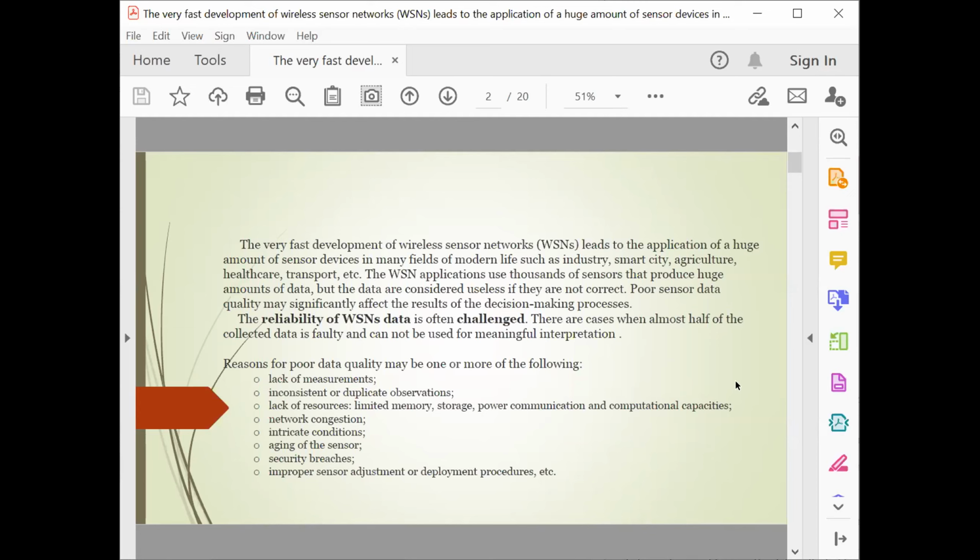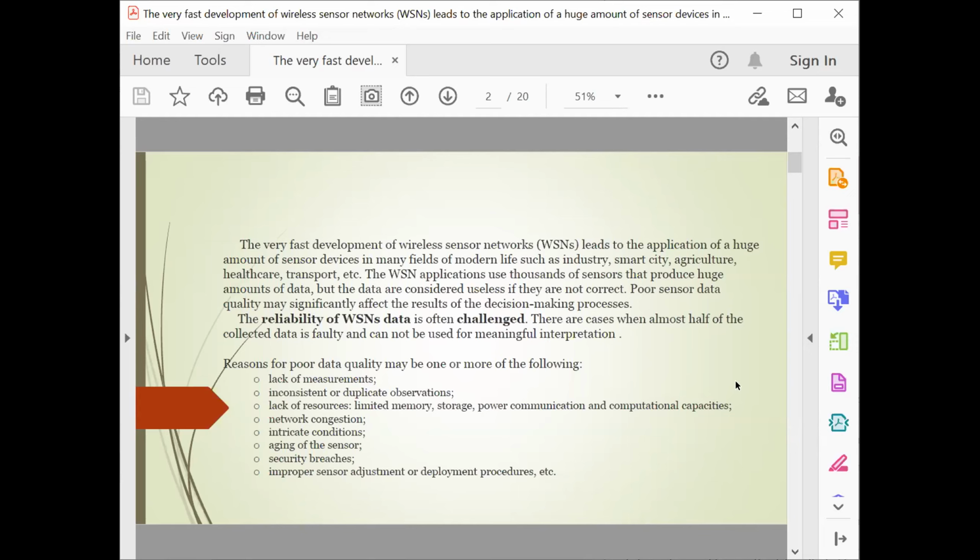There are many cases when almost half of the collected data is faulty, and in this way it cannot be used for meaningful interpretation.